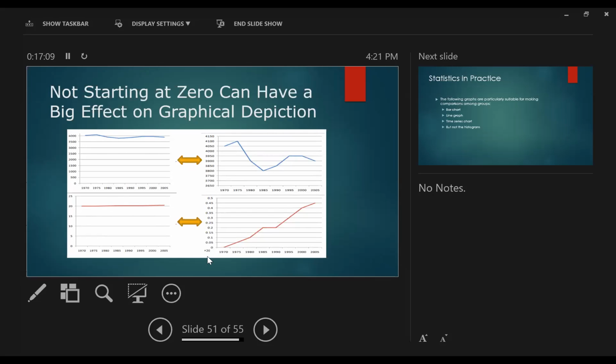Because your entire data set is between 20 and 20.45. Do you guys see that? So doing a graph starting at 0 to 25 tells us nothing. So this is not helpful. Okay?